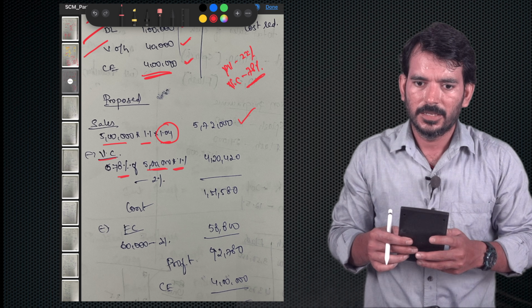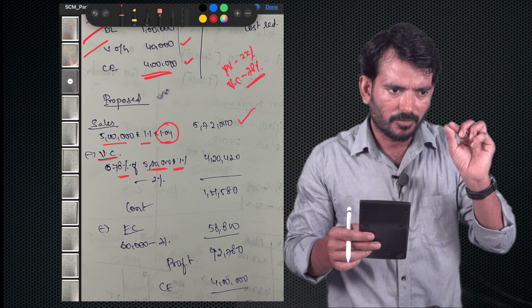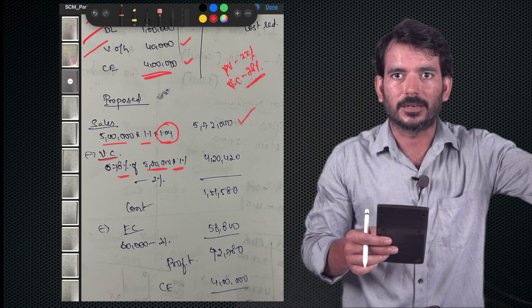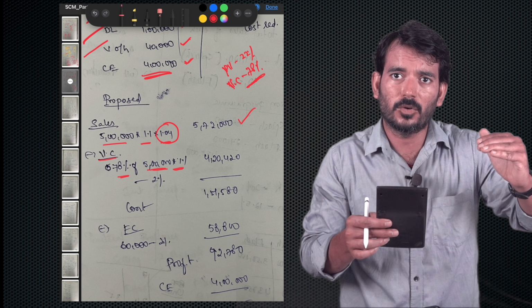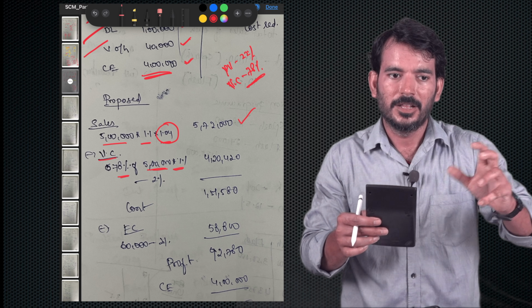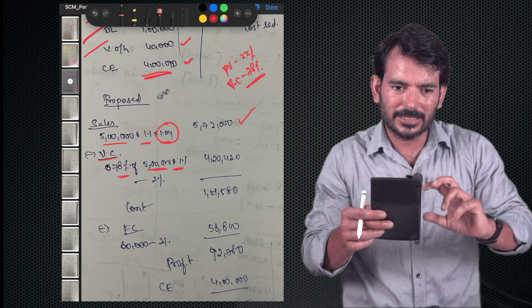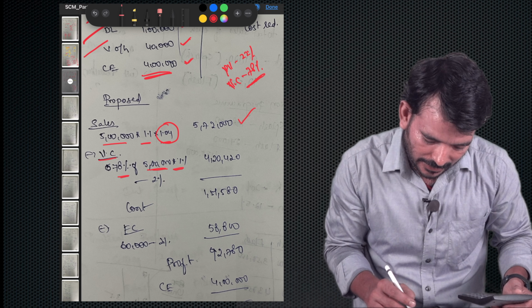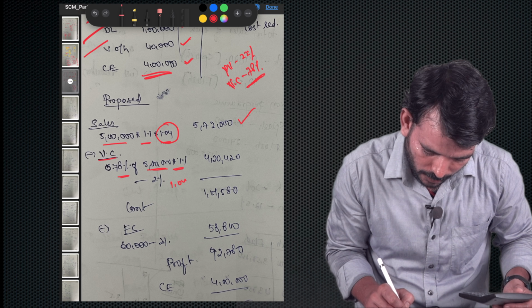Put it another way, variable cost is a cost that will increase with the increase in the number. So whenever there is an increase in the number, only then the variable cost will increase. If I increase the selling price, does it mean that the variable cost per unit will also increase? No, right? So that is the reason why this 1.04 will not come.